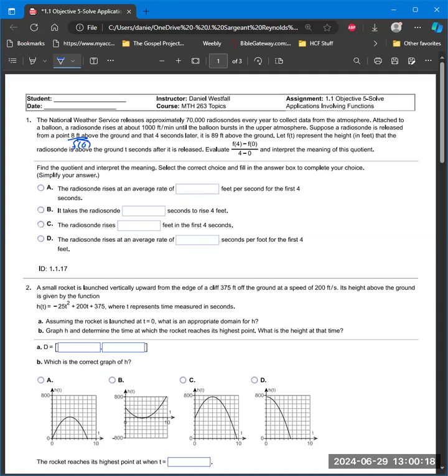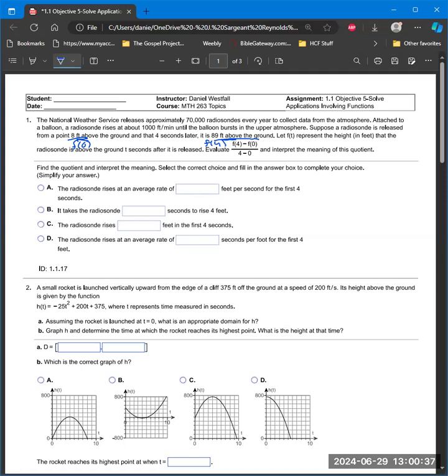And that 4 seconds later, it is 89 feet above the ground. So there's my f of 4 right there. Let f of t represent the height in feet that the radiosonde is above the ground t seconds after it's released.